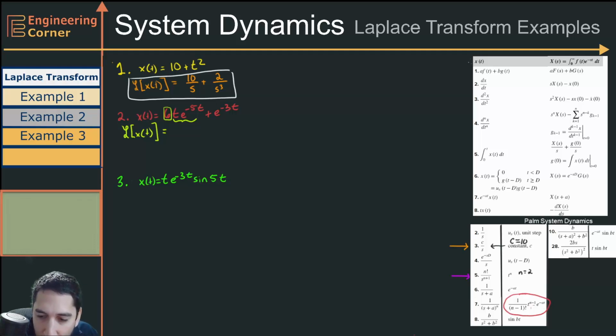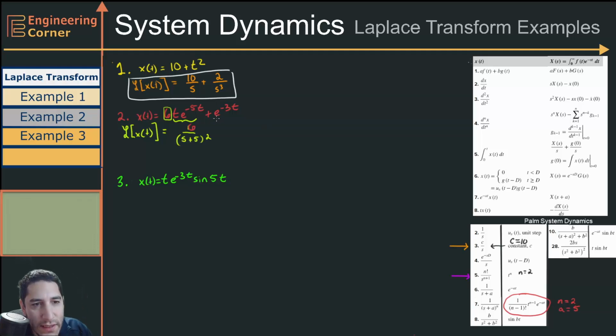And it's going to matter what our value of n is and what our value of a is. So right now for us, n is going to be 2 because this is t to the 1, and 2 minus 1 would give me a 1. So n is equal to 2, and a right here is going to be equal to this 5.